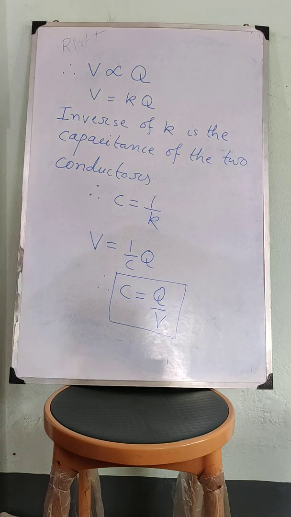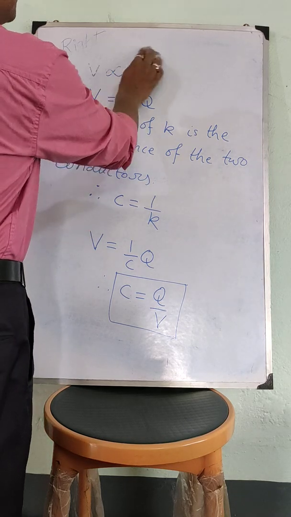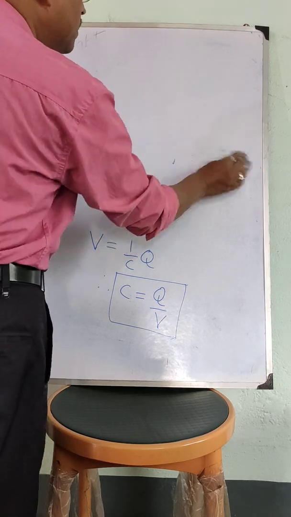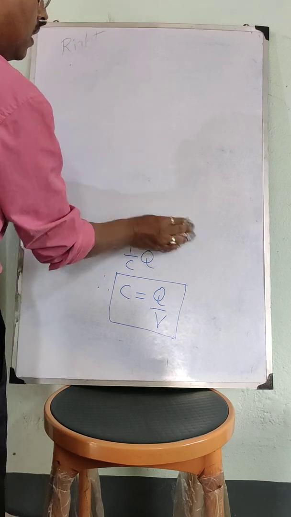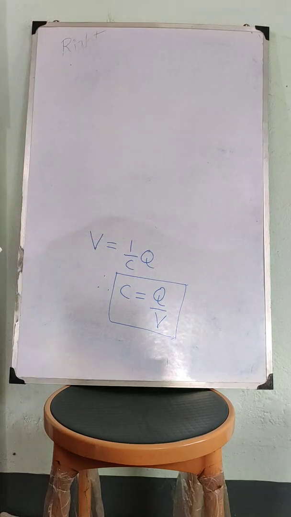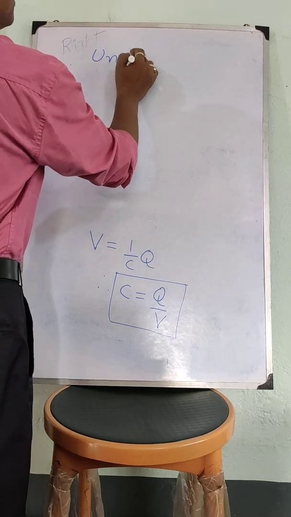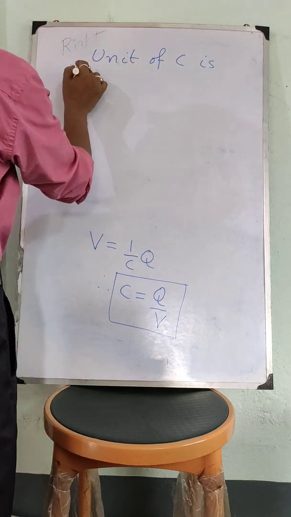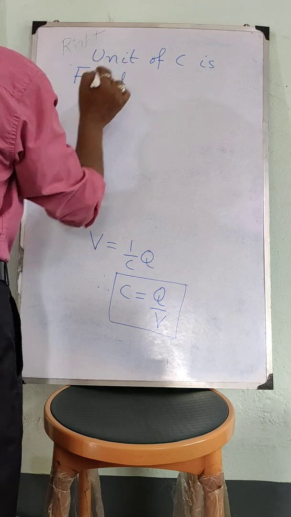Now, let us discuss what will be the unit of capacitance. Unit of C is farad.